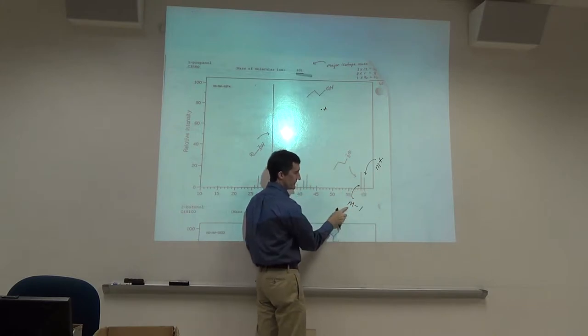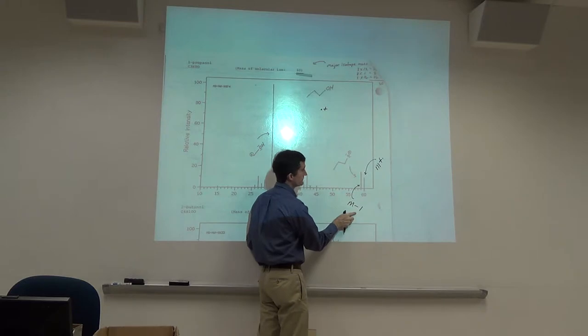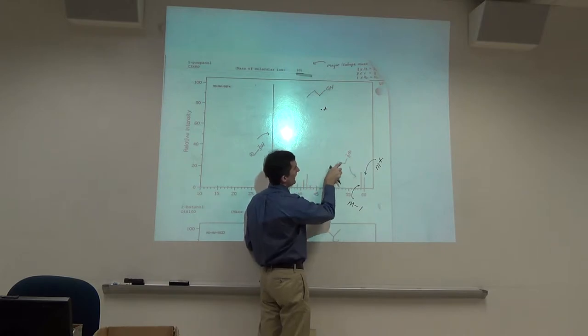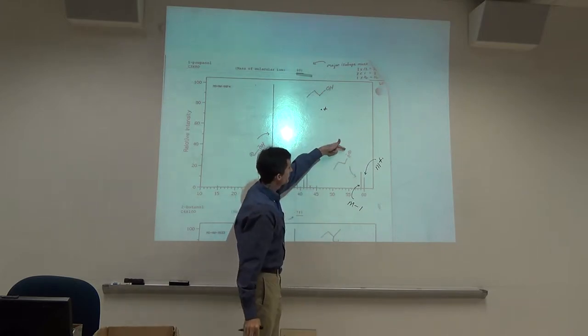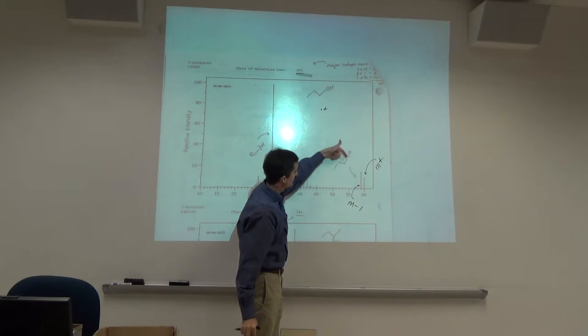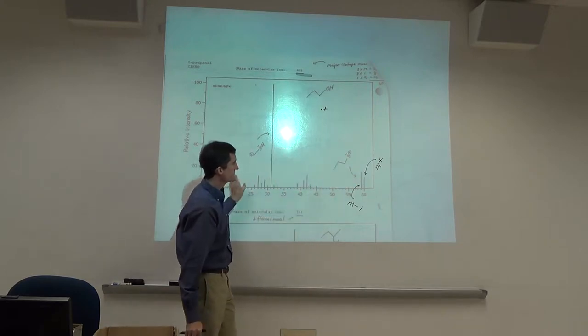It's 59. It's 60 minus 1. 1 is typically a hydrogen, and I've proposed that this be the structure of this fragment, where it's just lost an H. This is a cation because only cations show up.